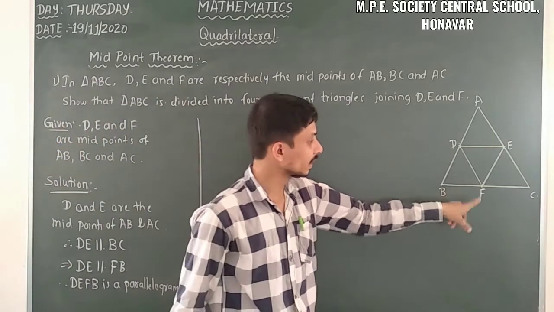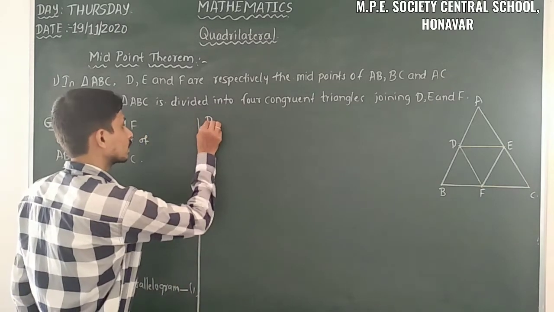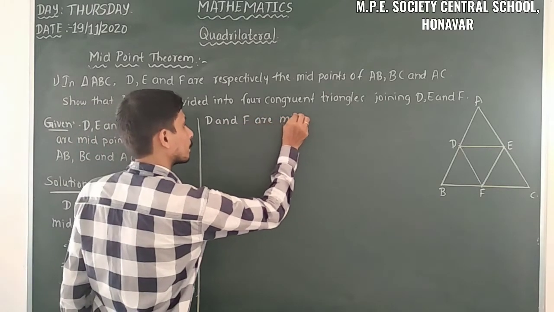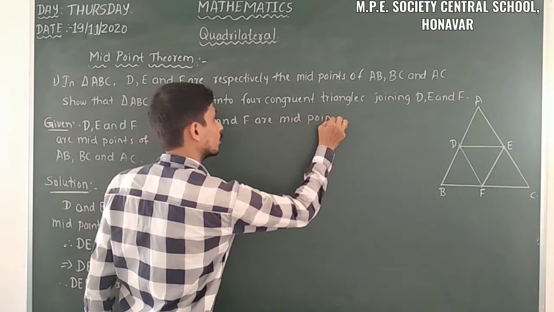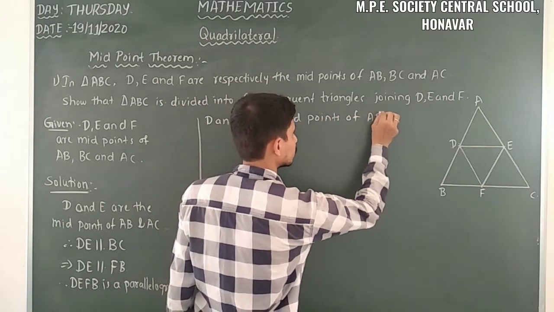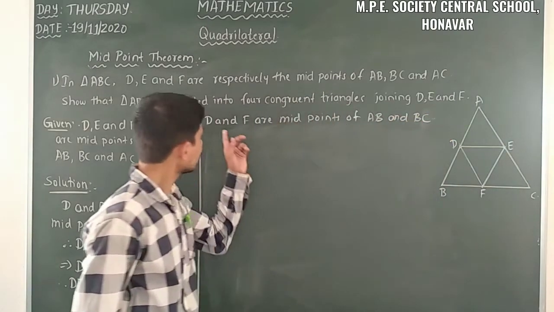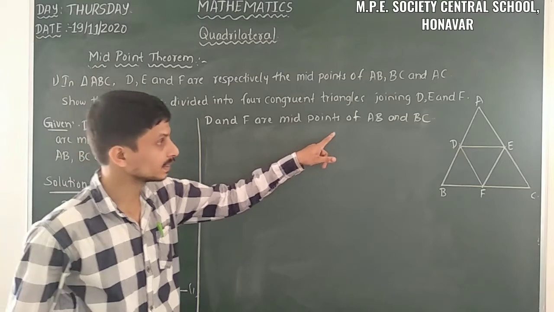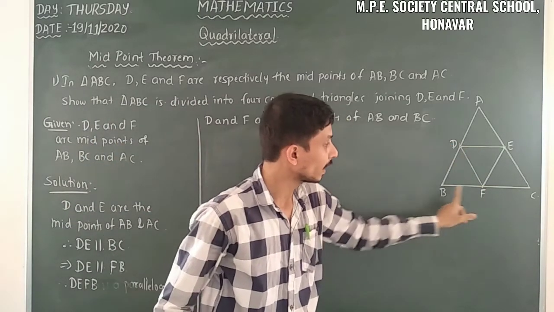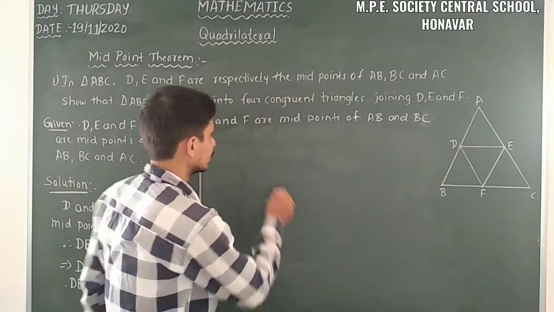D and F are midpoints of AB and BC. That's why DF is parallel to AC.